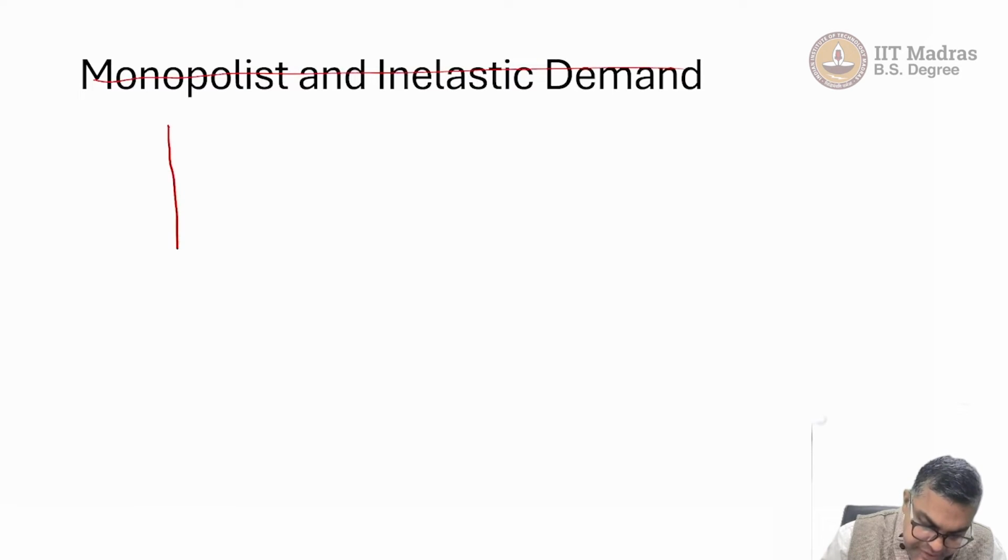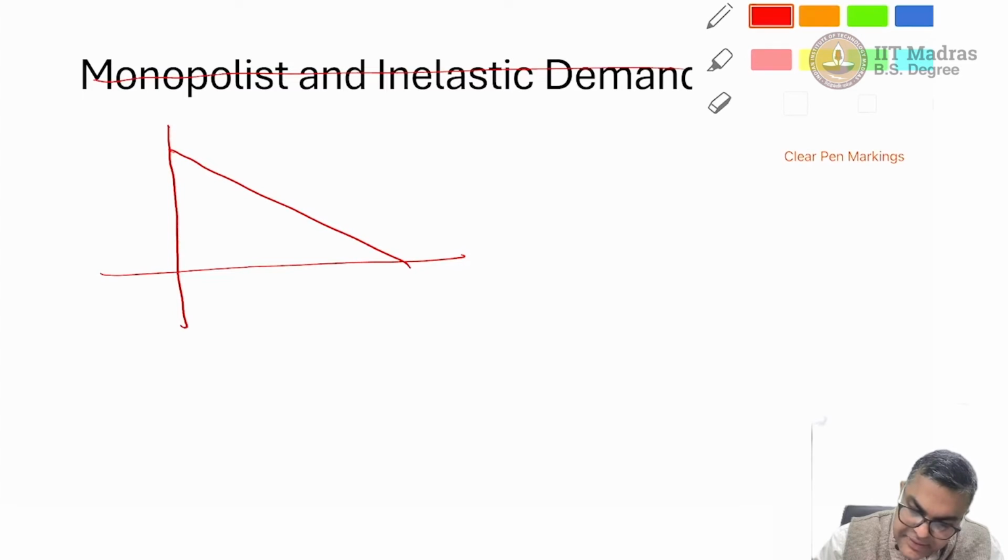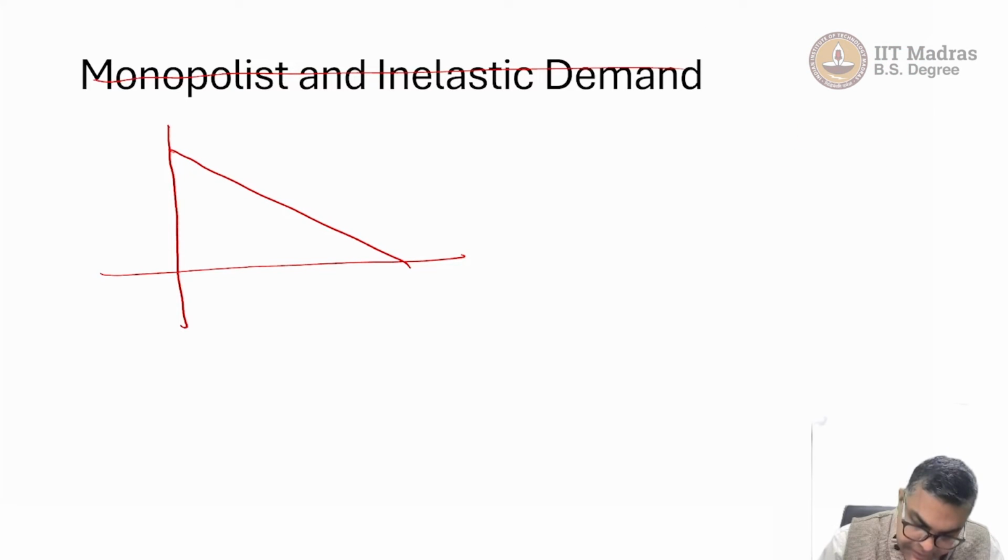Graphically speaking, let us say here is Q, here is P. If you move here, this is the additional revenue that you are getting from Q to Q plus ΔQ.